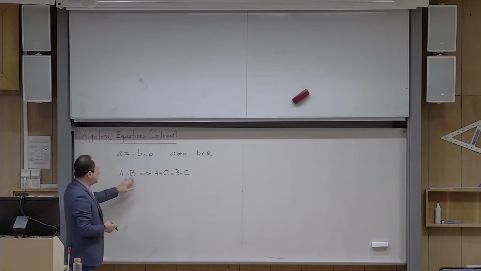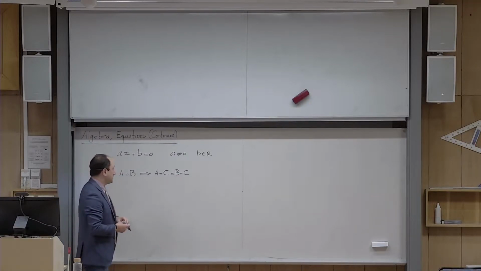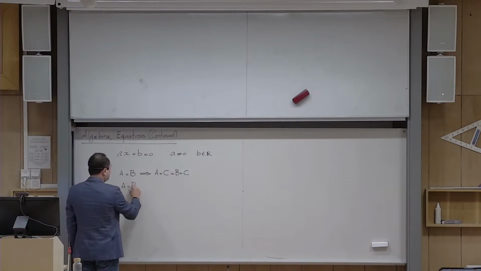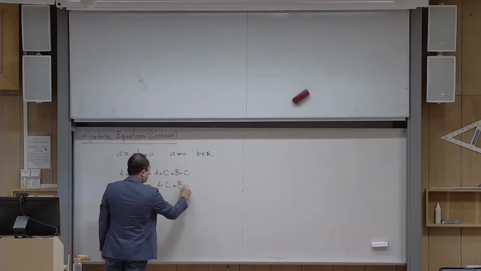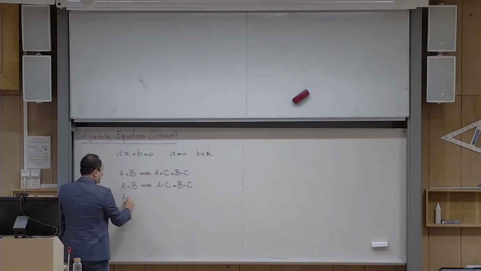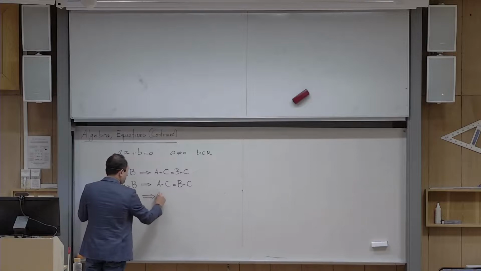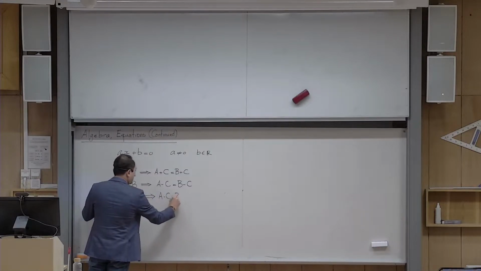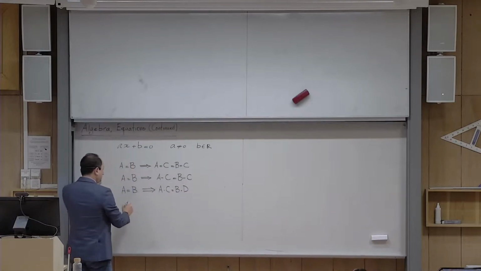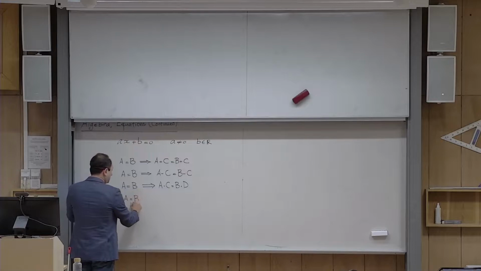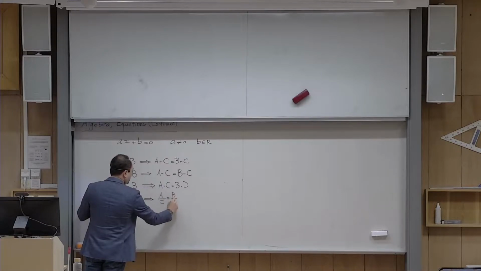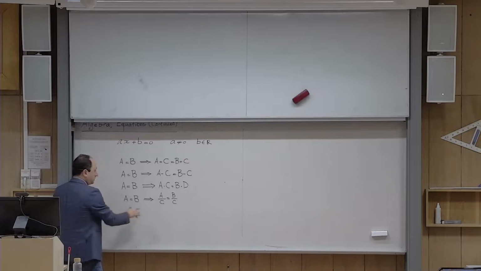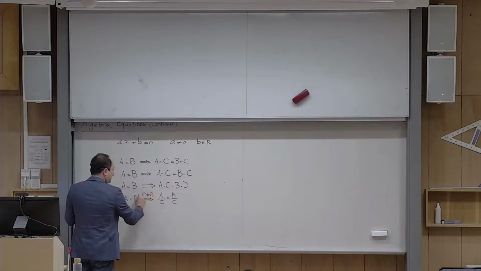Okay, so if A is equal to B, A plus C is B plus C. If A is equal to B, I can conclude that A minus C is also equal to B minus C. And moreover, if A is equal to B, I can conclude that A times C is equal to B times C. And finally, if A is equal to B, I can conclude that A divided by C is also equal to B divided by C, but there is an exception here, and that is C shouldn't be 0, because division by 0 is not allowed. So this needs that C is not equal to 0.